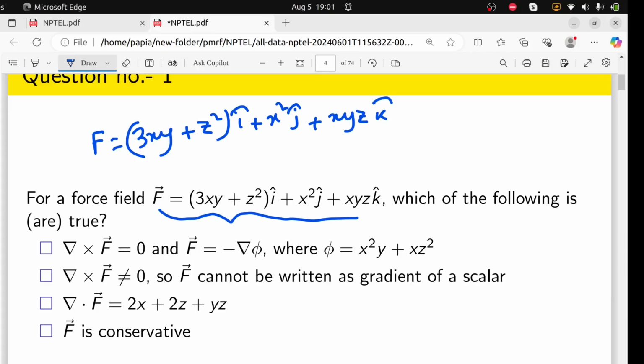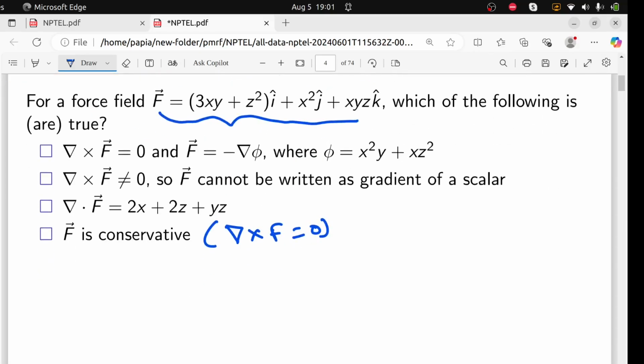So which of the following is true? First of all, by seeing the options, we can see that they are asking about curl of F, divergence of F, and phi. So we have to check whether curl of F equals 0 or not. F is conservative means that curl of F should be 0. So first I will just check whether curl of F equals 0 or not.